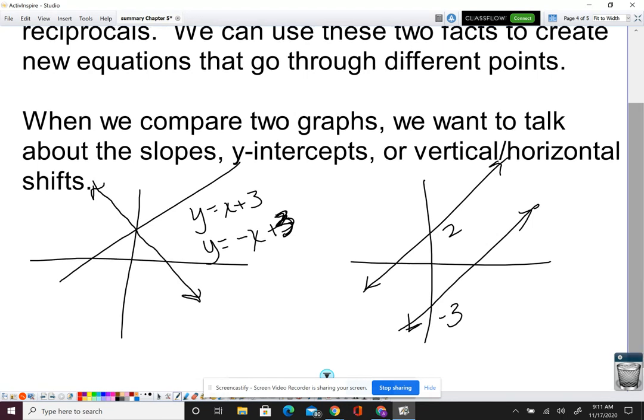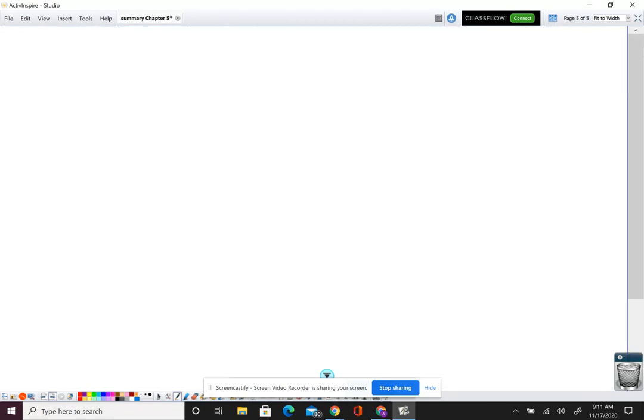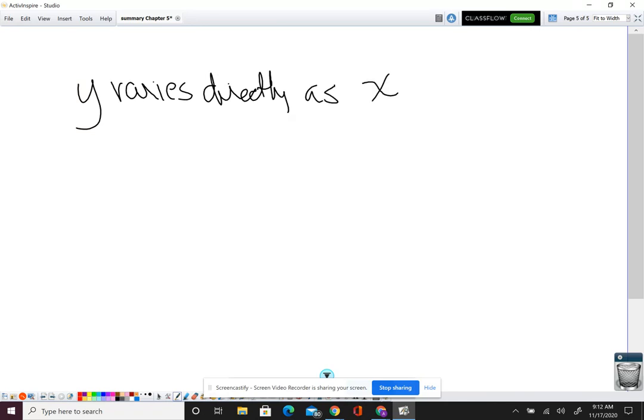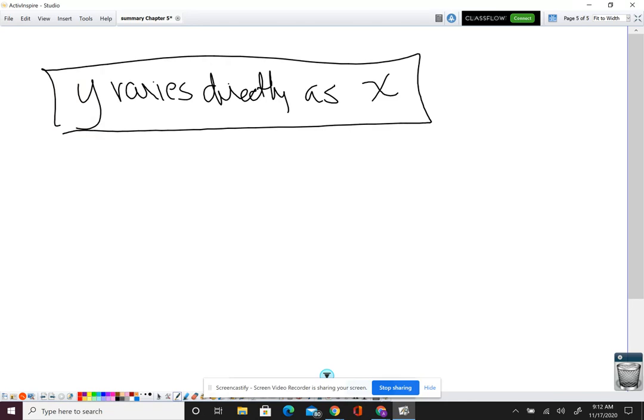Okay, the other type of thing, y varies directly as x. If you're given that equation or those words, you're going to make equal proportions.